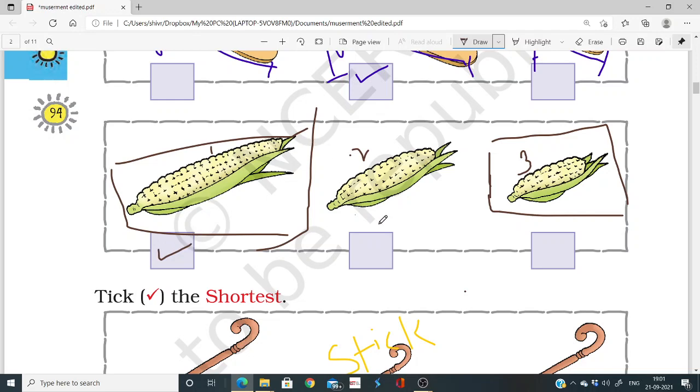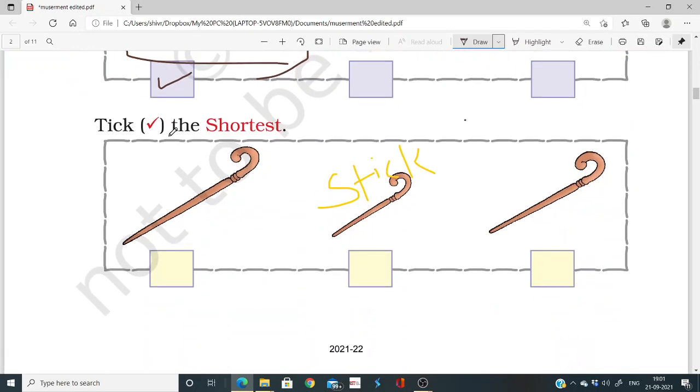Okay. Now take the shortest. We have to find out which is shortest in these three sticks. Here is the first one, second, and third. Which is shortest?